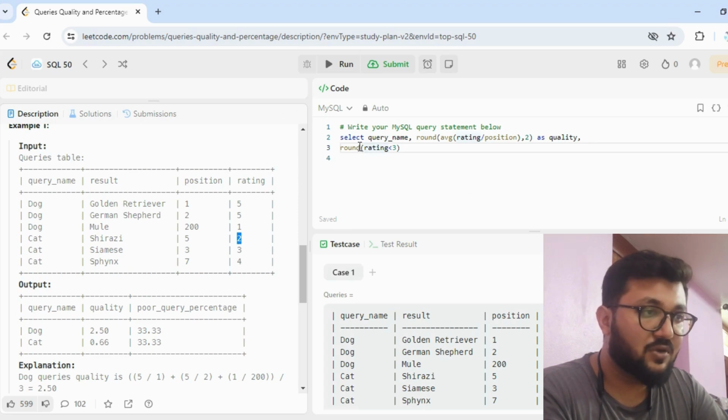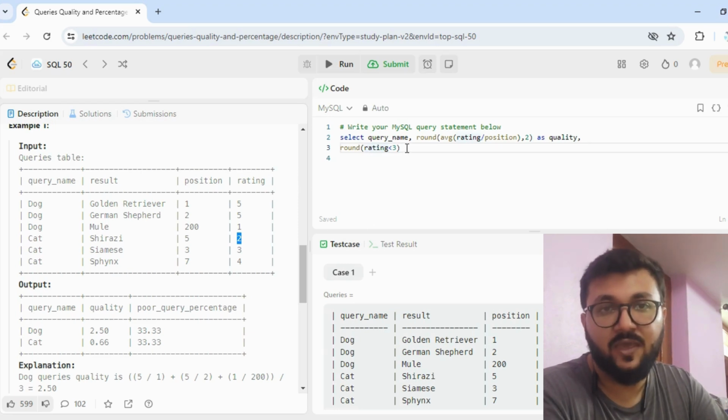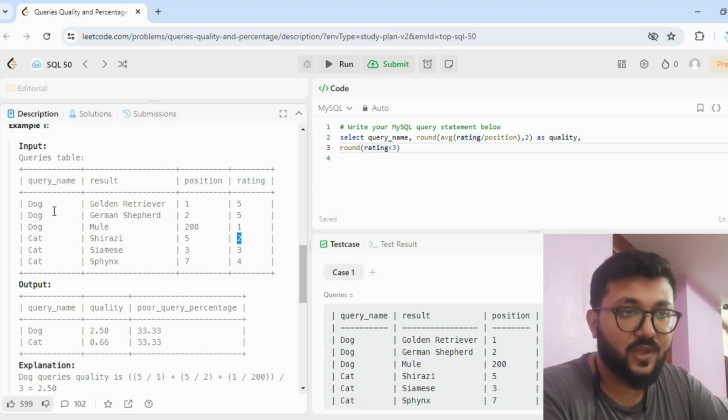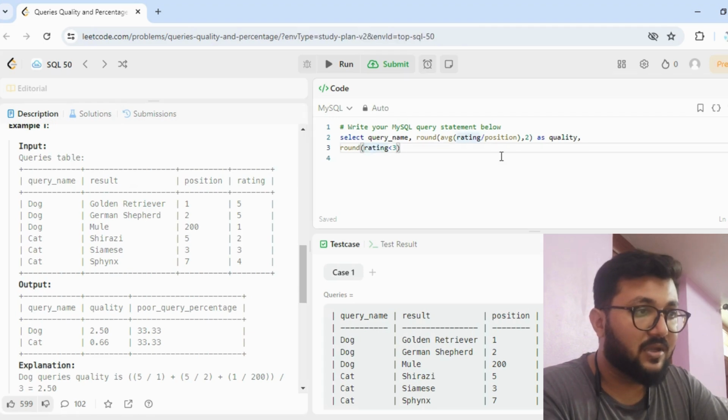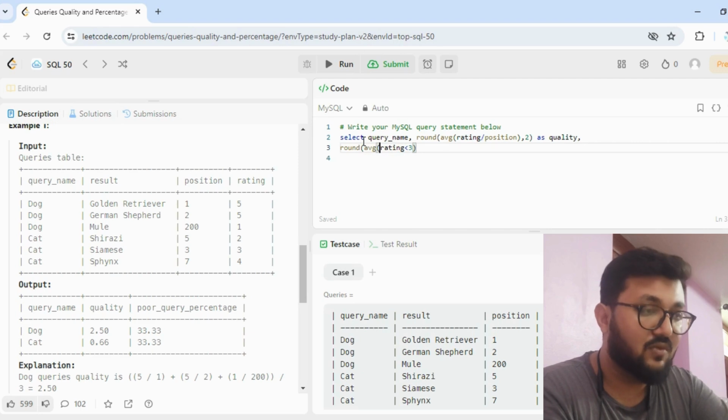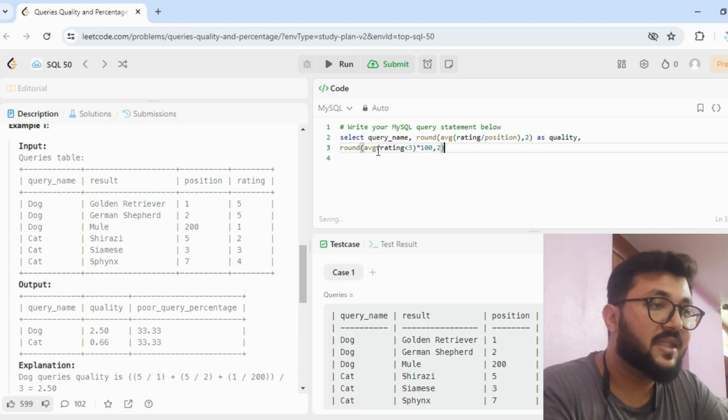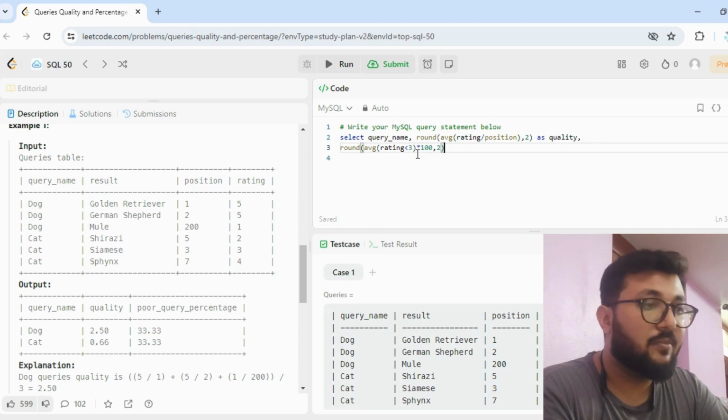Now if I use count on top of rating less than 3, then I have to use the distinct value of query name. But in short, what I can do is use the average value of the rating below 3. Let me write this one first. What it will do is take the average value per query name.